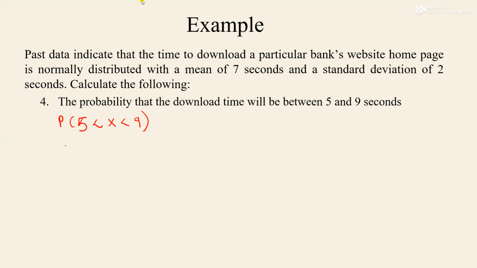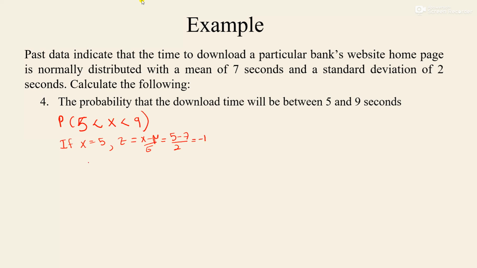When X equals 5, z is equal to x minus mu over sigma, that is 5 minus 7 over 2, which is minus 1.